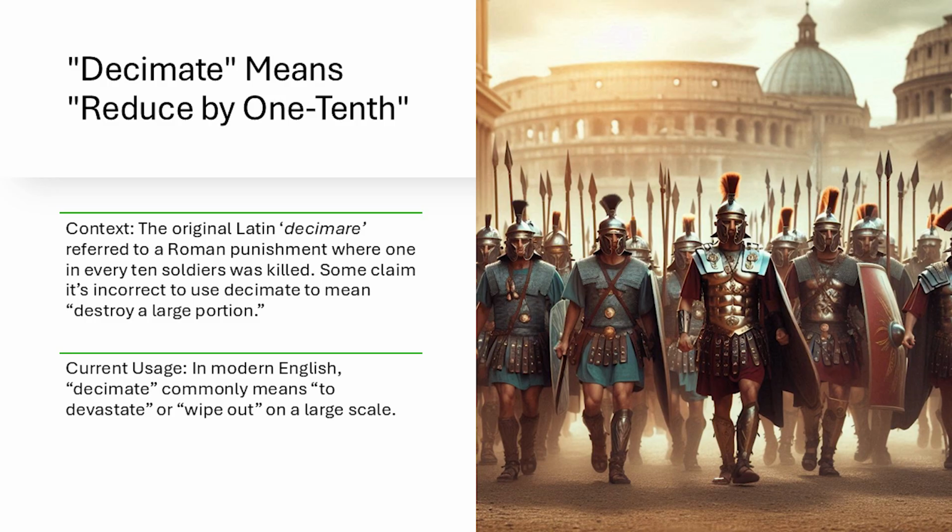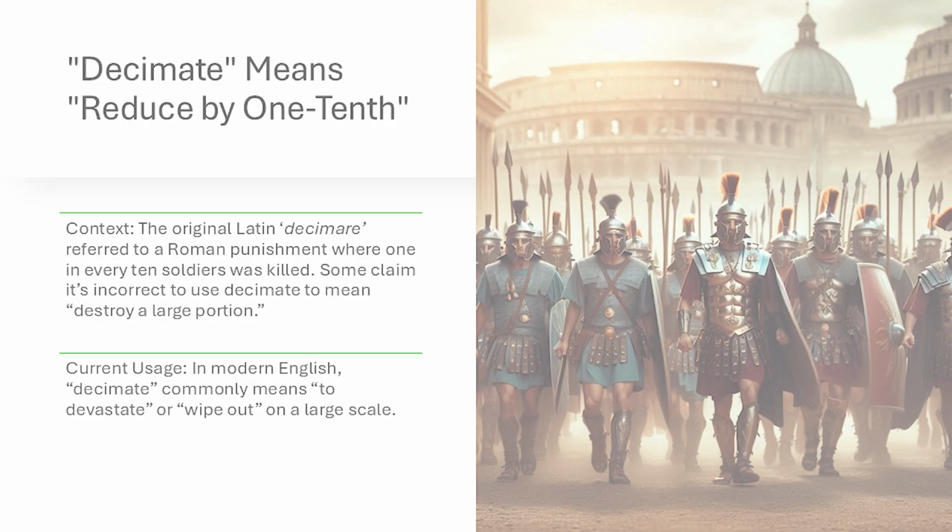So that is not an accurate use of the word decimate in English. This would be a prescriptivist approach to language, which ignores the evolution of the word decimate in English, which is not necessarily the same as it is in Latin. Therefore, the meaning of the word decimate in English is not the same as the meaning of the word decimare in Latin. In English, decimate means significant destruction.